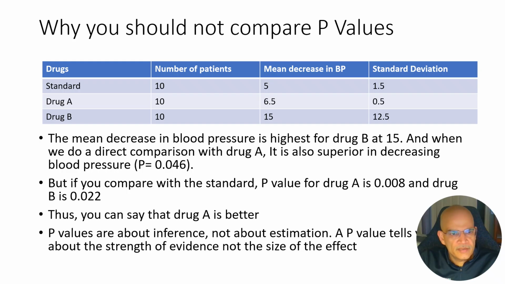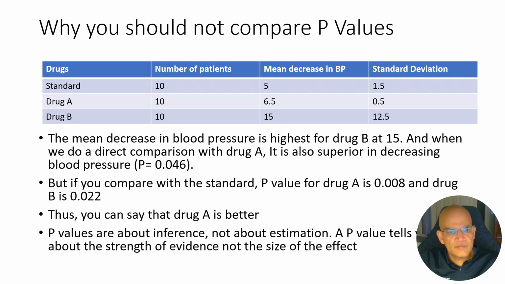So for example, we are testing two drugs. This is the standard: number of patients 10, mean decrease in blood pressure is 5, standard deviation is 1.5. Drug A, you use 10 or just control, mean decrease is 6.5 and standard deviation is 0.5. Drug B, also 10, mean decrease is 15, standard deviation is 12. So the mean decrease of 12 by drug B is much higher than drug A. And when you do a direct comparison with drug A, it is also superior in decreasing the blood pressure.